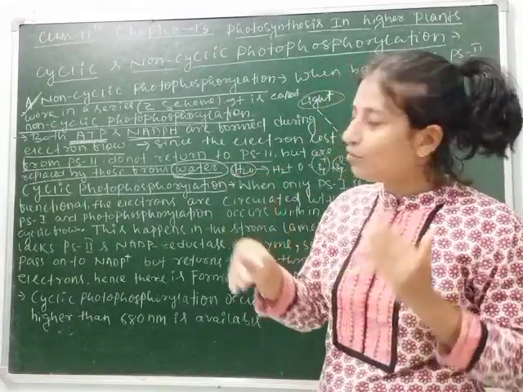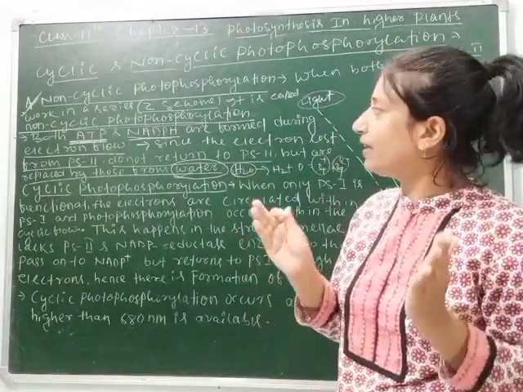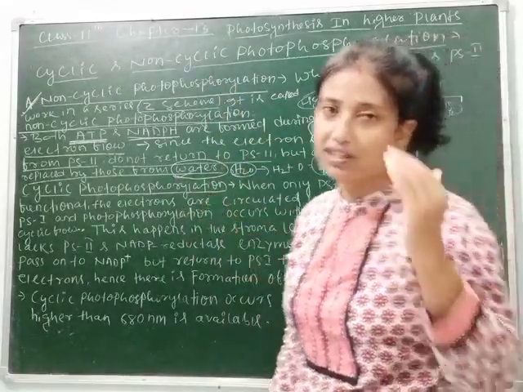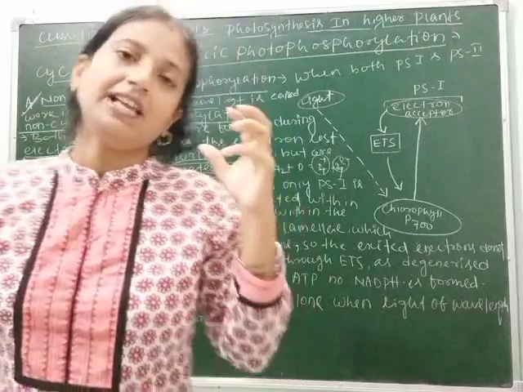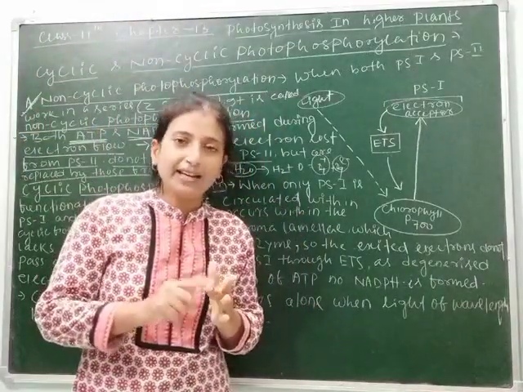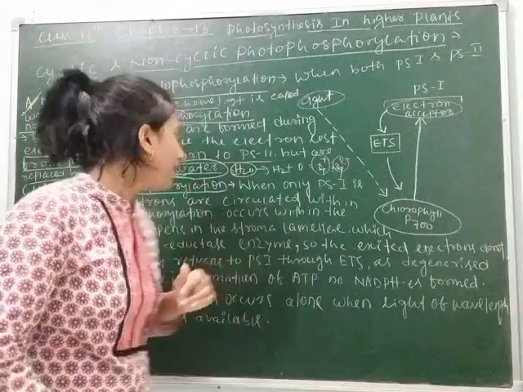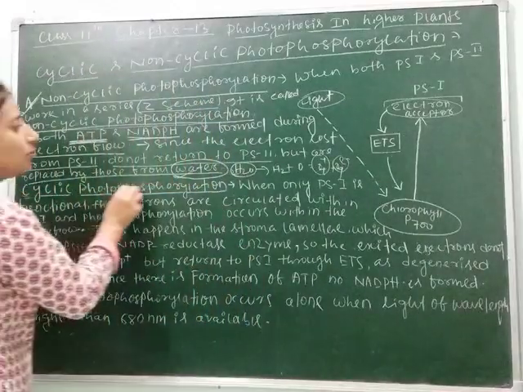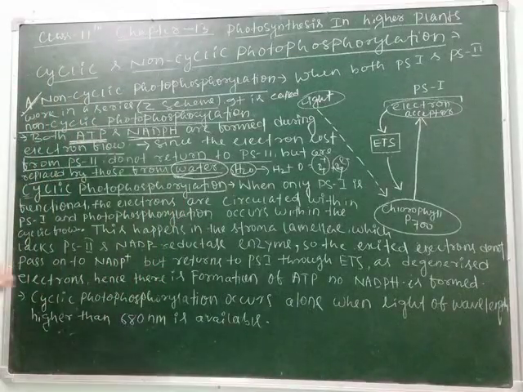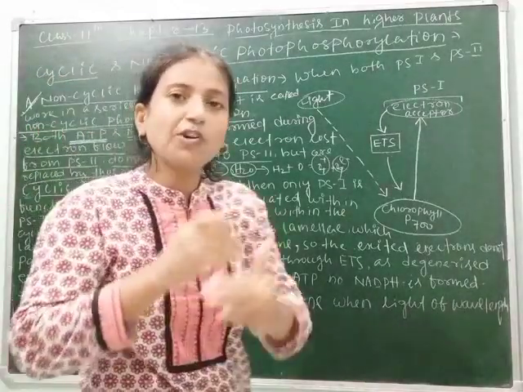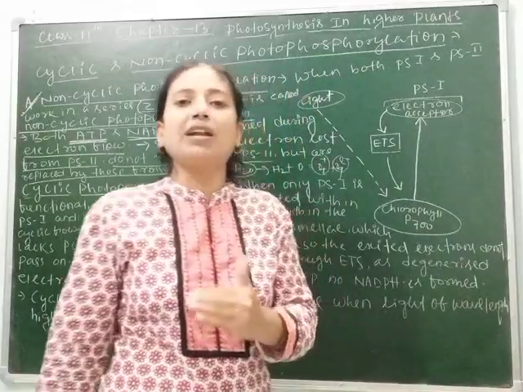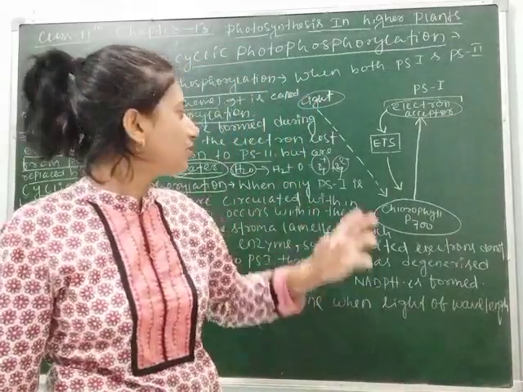If I ask you to write differences between non-cyclic and cyclic photophosphorylation, the first point you should write is: in non-cyclic photophosphorylation, both PS1 and PS2 are involved, but in cyclic photophosphorylation, only PS1 is functional. The transport of electrons occurs only within PS1. There is no role of PS2.